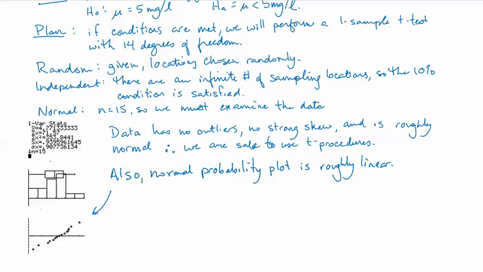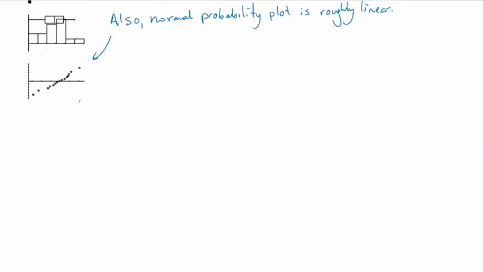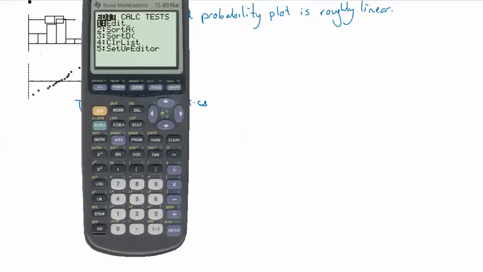Okay, so when we go to do the test, we're going to use test statistics, and we're going to use data. So from stats, we go over to tests, and number 2 is t-test, and we're using data.